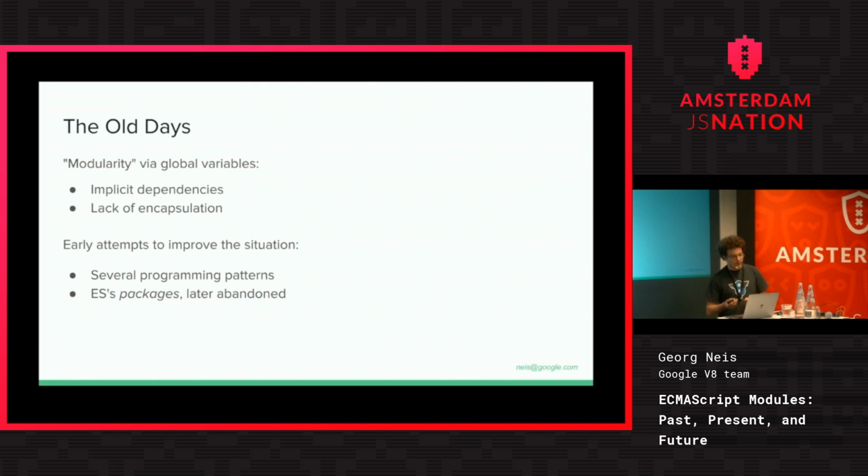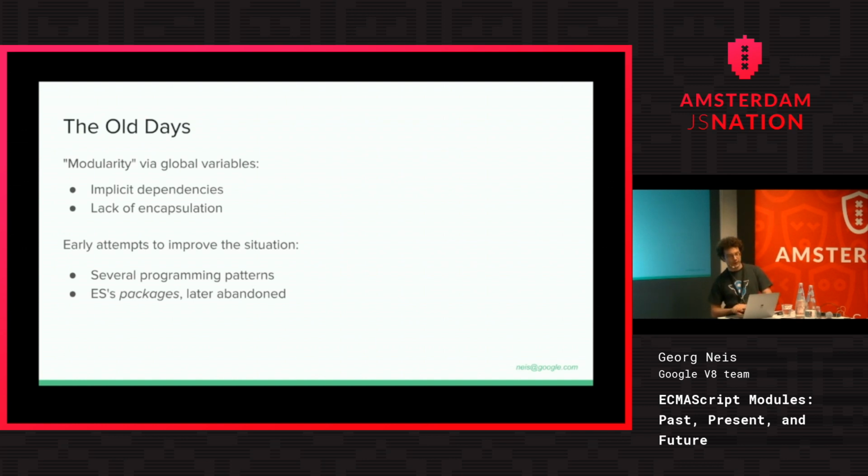And having these implicit dependencies is a very fragile mechanism, and you may get the order wrong in which you include the files, right? Or you may get name clashes because everything is in the global scope, and so there's this complete lack of encapsulation.